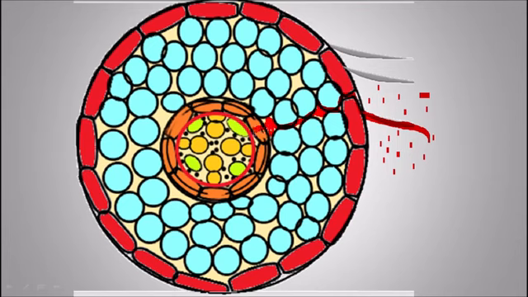In the symplast pathway, water will not be able to move through the cell wall, it will be moving through the cytoplasm of the cell. As you can see, till now water was moving only through the cell wall or the intercellular spaces, but now it is moving through the cytoplasm, because the Casparian strip will not allow water to move through the cell wall, and it will only move through the passage cell.